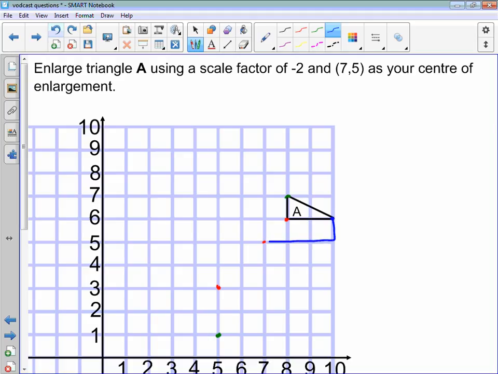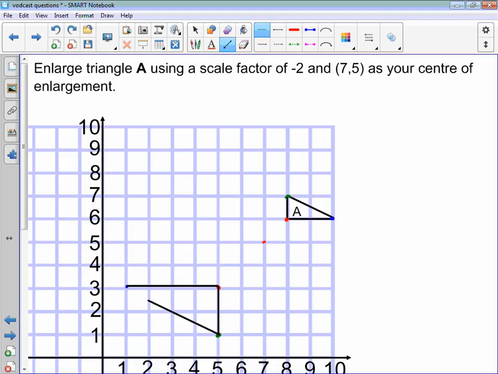So double the distance and go the opposite direction. I need to go 6 left and then 2 down. Then again, I can connect the sides of my triangle up, and I've got my enlarged triangle there.